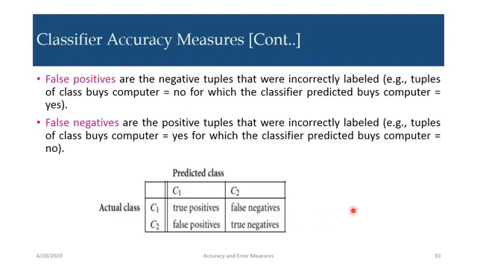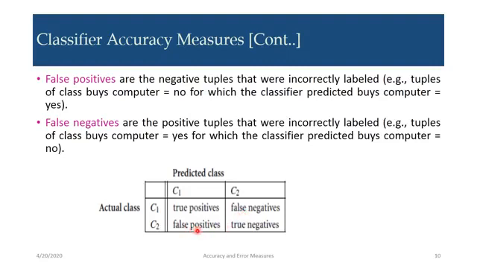Here we can see that this particular point shows true positive. True positive means a positive tuple correctly classified by the classifier as positive. C2 is a false negative, that means a positive tuple classified by the classifier as negative. Then false positive means negative tuples, actually negative, incorrectly labeled by the classifier as positive, falsely positive.